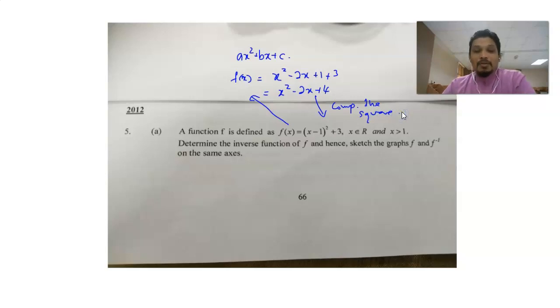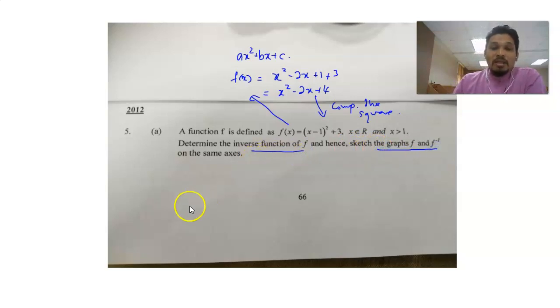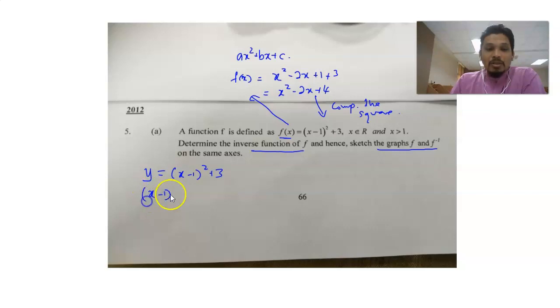Now determine the inverse function of f and sketch the graph of f and its inverse on the same axis. To find the inverse, change f of x into y. y equals x minus 1 squared plus 3. Then x minus 1 squared equals y minus 3.